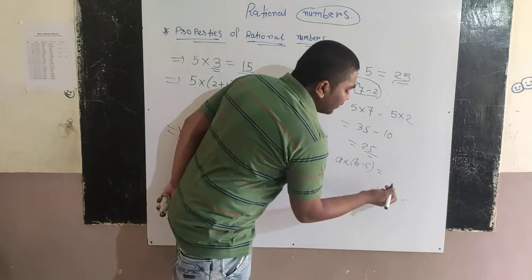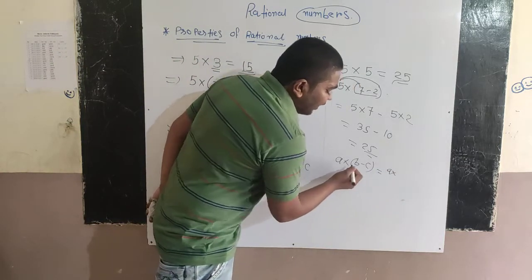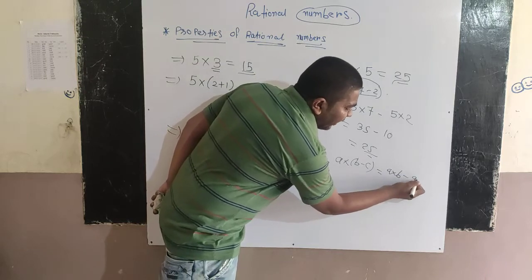Likewise, distributive property in which multiplication over subtraction, a into b minus c.